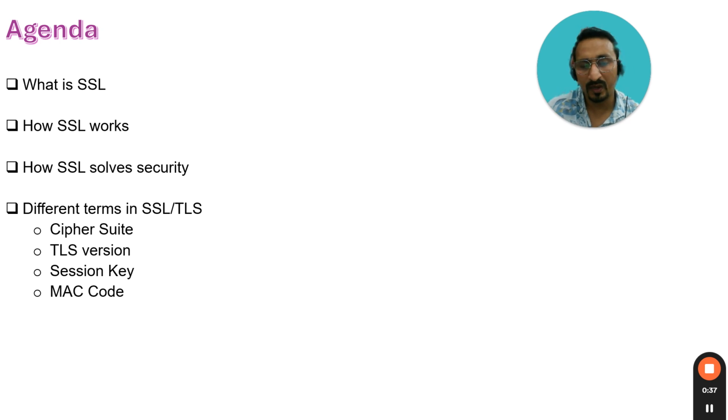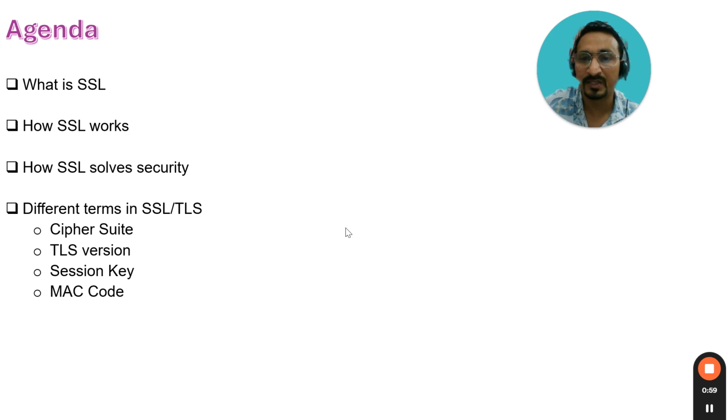Okay, so everyone might have come across this point. What is SSL and how is this SSL going to help me to secure my data whenever I as a client want to communicate with the server, or as a server whenever I interact with the client, right?